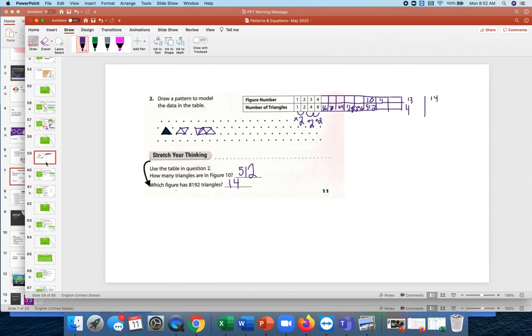However, if we were doing this one, notice how it gets crazy fast. If we were to graph this, it would look something like this. And that is a non-linear equation, which is much more difficult to determine the expression for, which is why that's saved for later math.